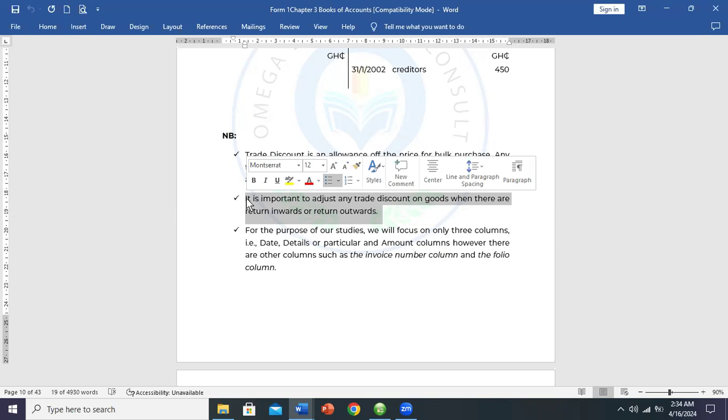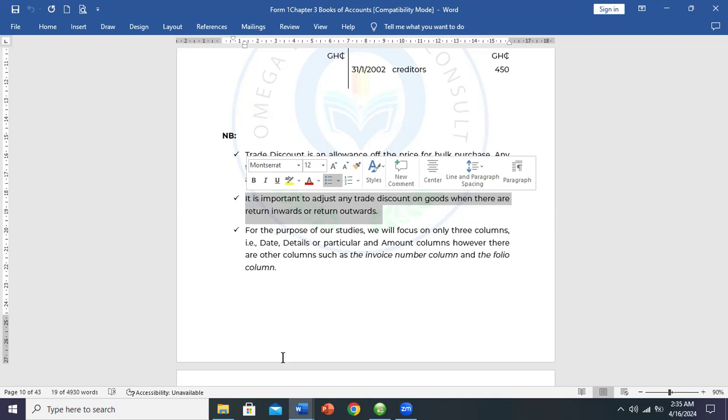Okay, so the point I'm trying to make is that if you are solving a question, whether purchases or sales, and there was some discount given, when there is return outwards or return inwards on that particular transaction, you have to consider the discount when you are preparing your return inwards and return outwards account.